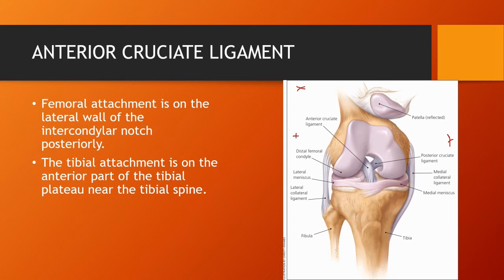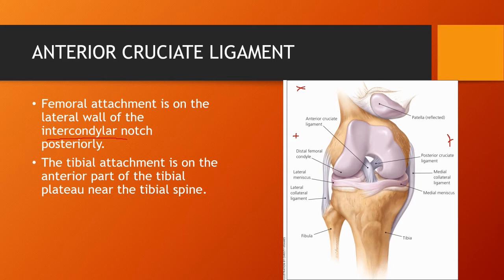So the anterior cruciate ligament has its femoral attachment, its proximal attachment, its origin is laterally. It's on the lateral wall of the inner aspect of the lateral femoral condyle. This area is known as the intracondylar notch. So the intracondylar notch is between the condyles.